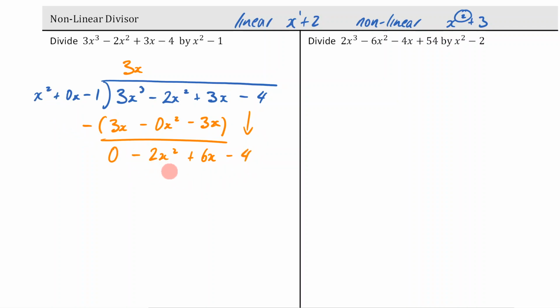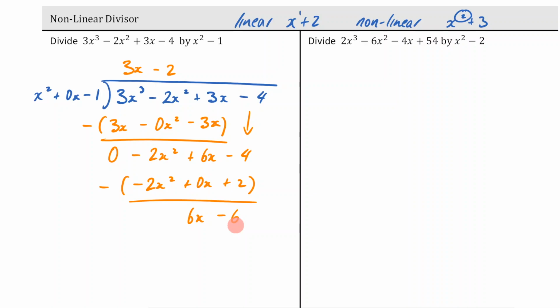Then I'm going to go x squared times what is negative 2x squared. Well, it's going to be negative 2. Then I'm going to go negative 2 times this is negative 2x squared. Then I'm going to get plus 0x. Then I'm going to get plus 2. Then I'm going to subtract. This goes away. This is going to become 6x. And this here is going to become negative 6.